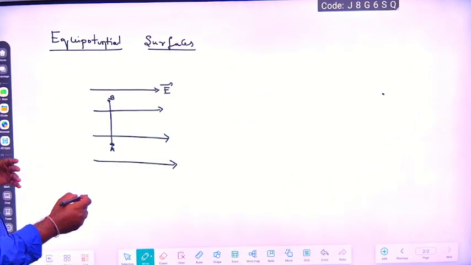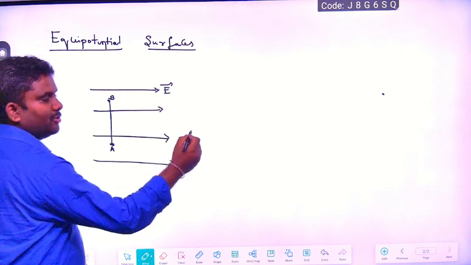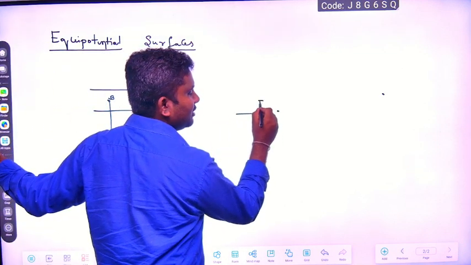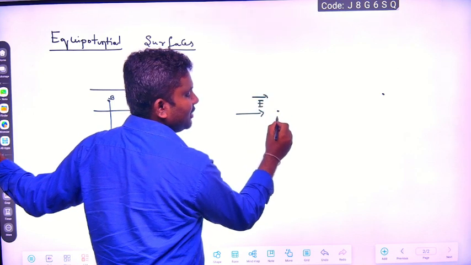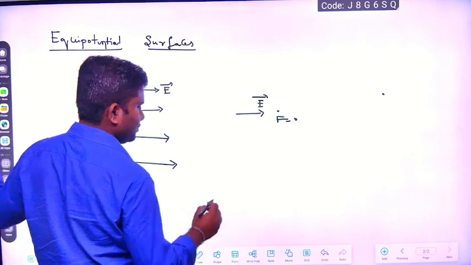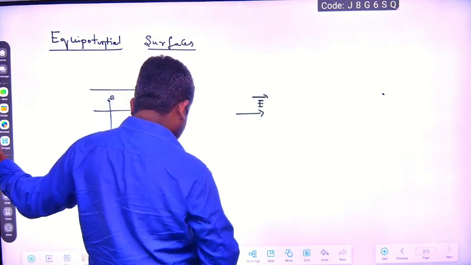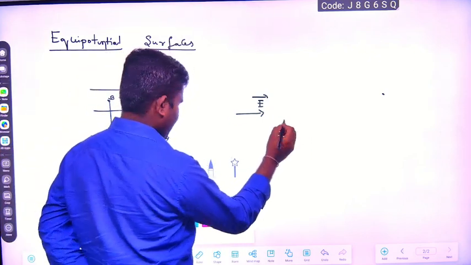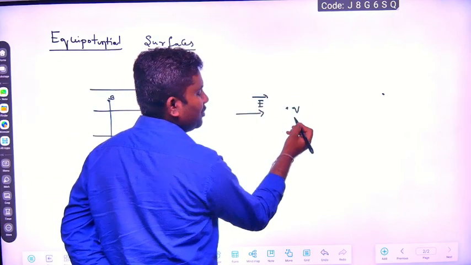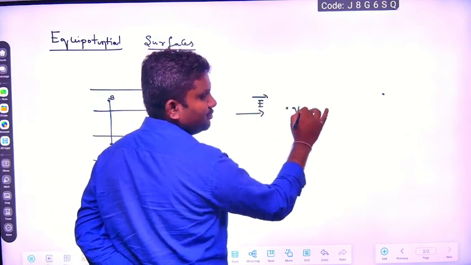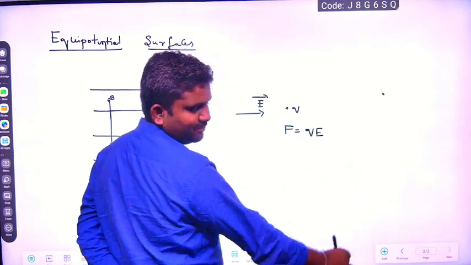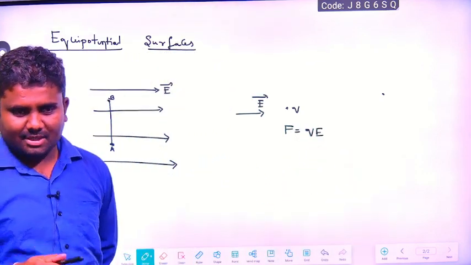If the charge is to experience force, the charge should be in the direction of the field. This is the electric field. Correct, right? Then this electric field applies force, F equals Q into E. If the charge Q is there, it will experience a force F equals QE.